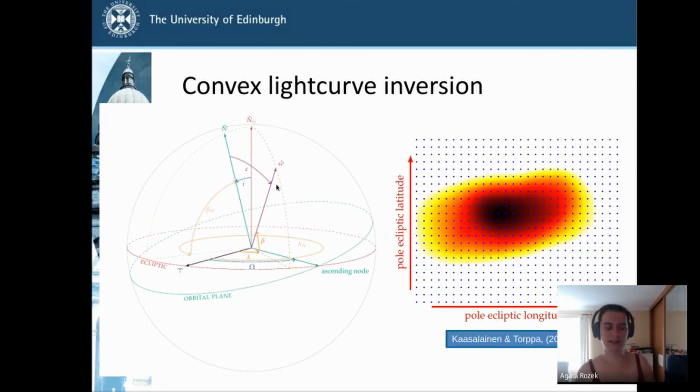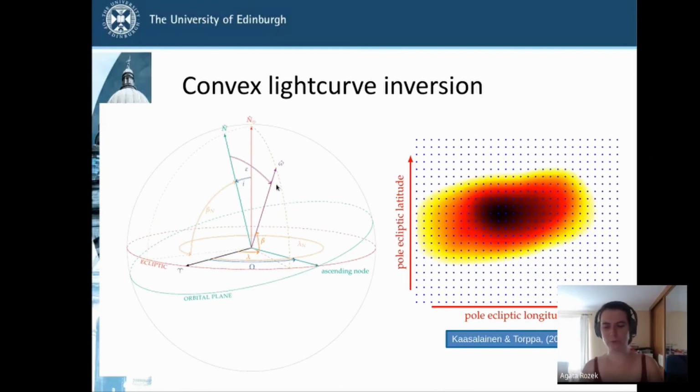And to disentangle that effect from the effect that the actual shape of the object has on the shape of the changes in brightness, we treat the spin axis orientation as a fixed parameter in the fit.